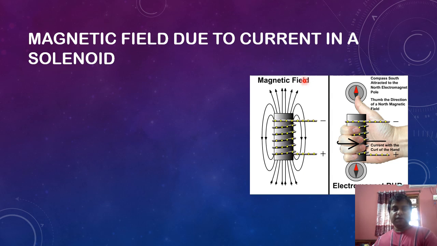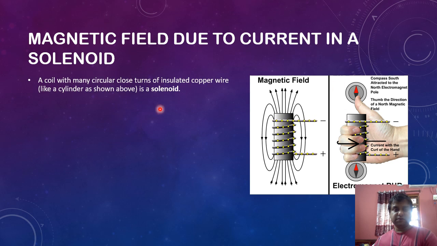Now to the magnetic field due to current in a solenoid. We'll see what a solenoid is here. A coil with many circular turns of insulated copper wire, like a cylinder as shown over here, is a solenoid.